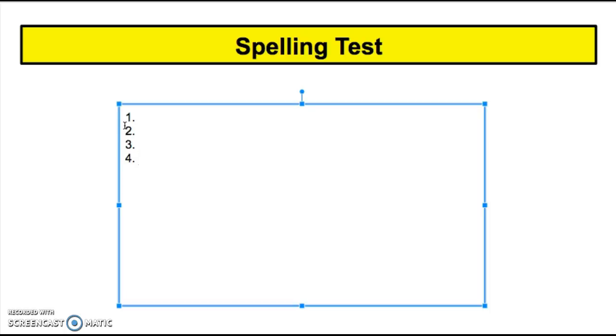Number 4, girl. That girl can run fast. Girl. Number 5, burn. Burn the trash in a safe place. Burn. 6, were. We were sitting with our friends. Were. Number 7, shirt. His shirt got wet in the sink. Shirt. 8, fur.